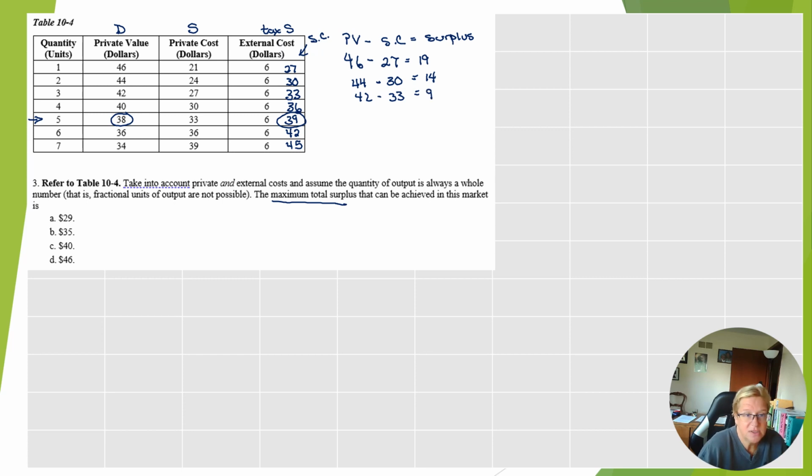And the 40 minus the 36, and that's going to give us 4. And if we total all of those up, we end up with 46. So the maximum total surplus that can be achieved is $46.